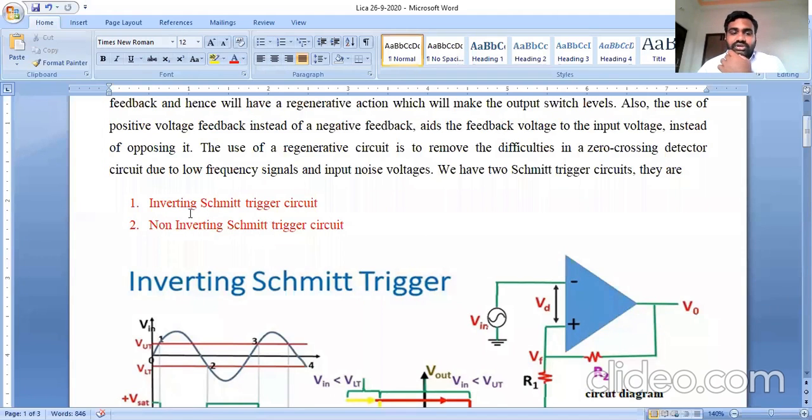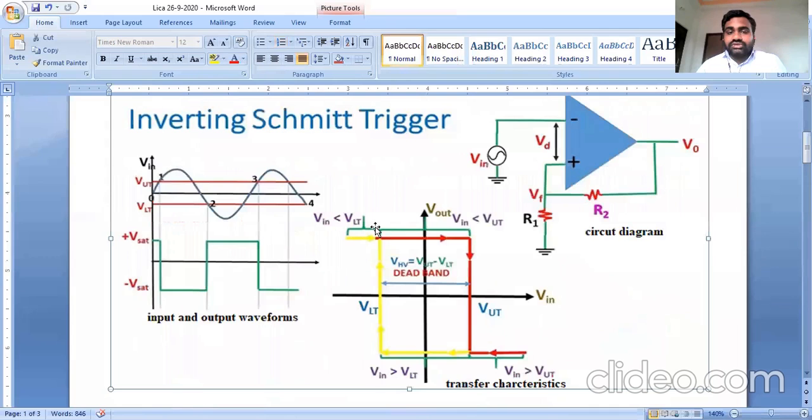Here we have two classifications of Schmitt trigger: the inverting Schmitt trigger and the non-inverting Schmitt trigger. First we will see the inverting Schmitt trigger. In the inverting Schmitt trigger, the input supply is connected to the inverting or negative terminal of the operational amplifier, and the positive terminal is connected to the reference, which is grounded.